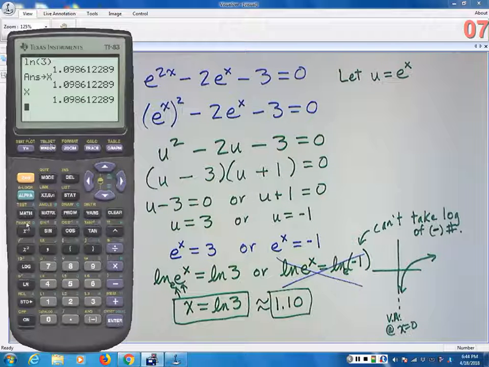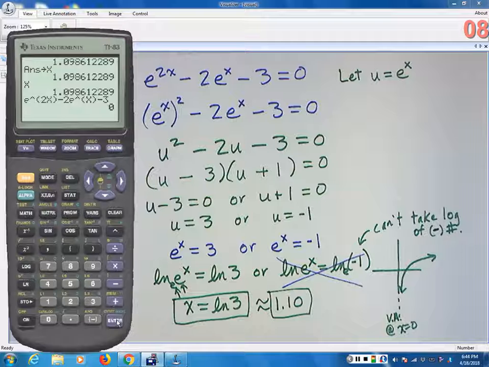So now I could do second e to the 2x, close the parenthesis, minus 2 second e to the x, I have to close the parenthesis though, minus 3. And if I hit enter, I'm going to get 0. See what I did? I did something tricky.